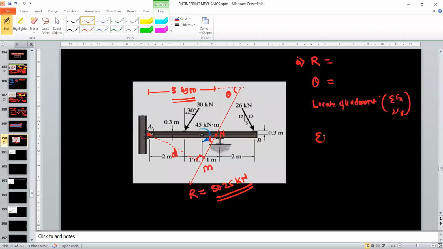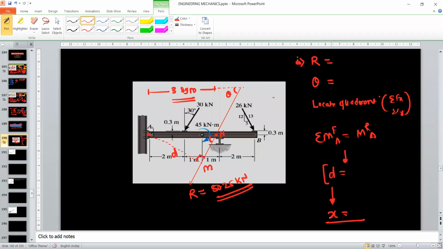After that, use Varignon's theorem. Summation of moment is equal to moment by resultant. So from Varignon's theorem, you will get the unknown distance D, which is a perpendicular distance. This is not your final answer. And then by using trigonometry, you should find out the distance along the rod AB, which is x.